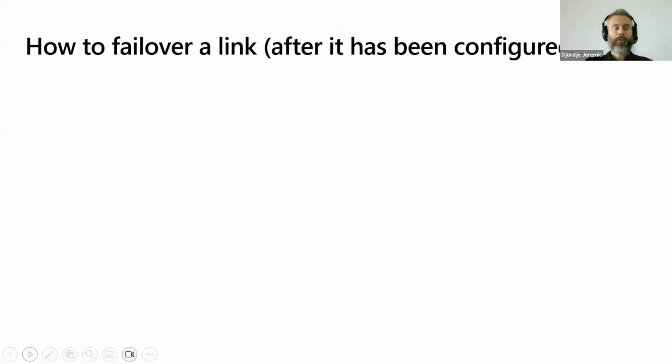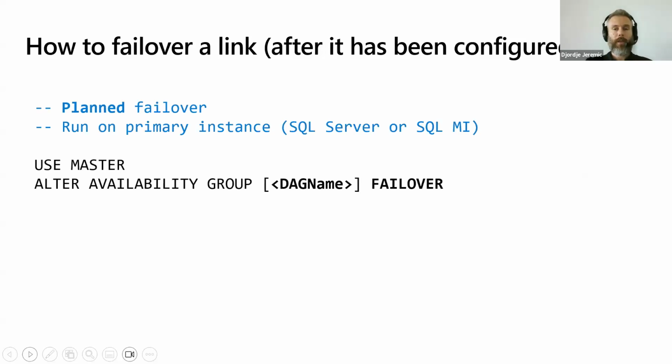Now, what about failover? Failover is something that I've mentioned before. When I say failover, I mean a failover in a fashion that may be familiar to you from distributed availability groups or availability groups. Links support two flavors of failover.